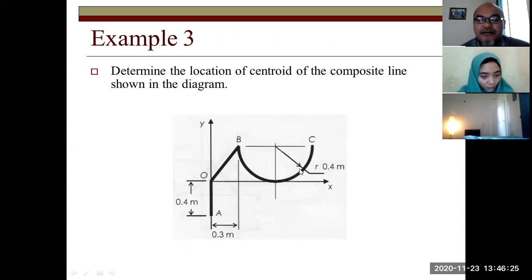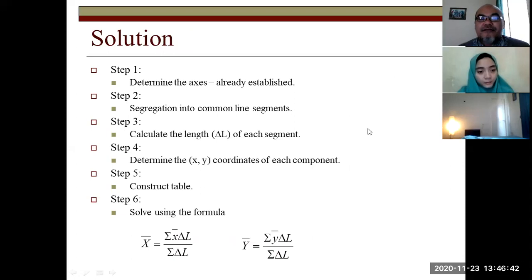Then there is a semicircular arc with a radius of 0.4. Here the center of the arc is at 0.7 meter, 0.3 plus 0.4, and the y coordinate is 0.4 meter.